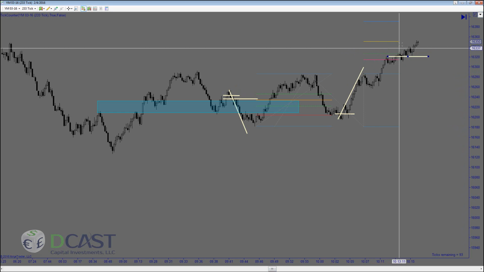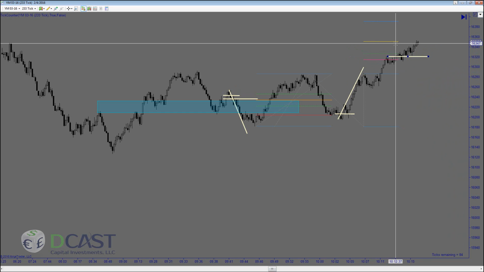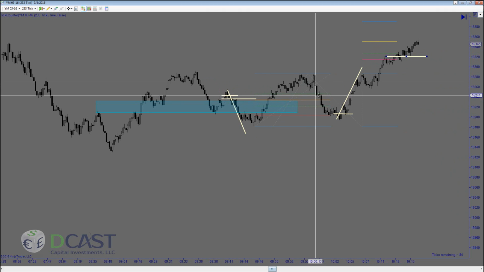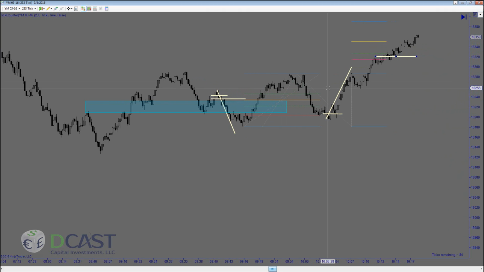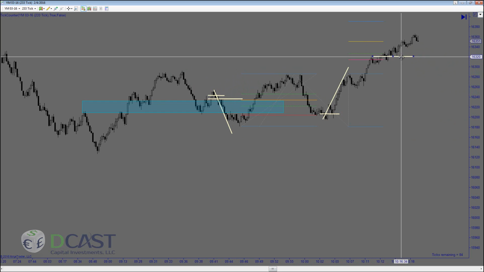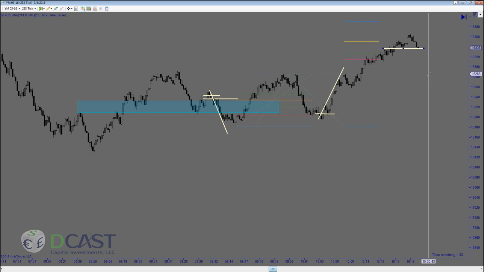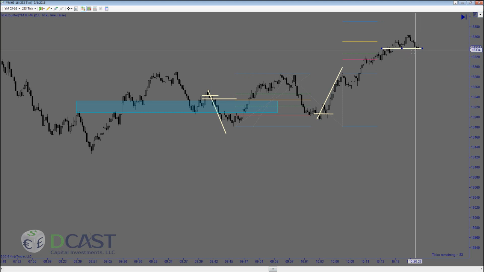Because you are in an area of what? Exhaustion. Price should not continue very much further without having what? A decent correction. But as long as price keeps doing this, what do you keep doing? Locking in, getting more aggressive, and now you were taken out.